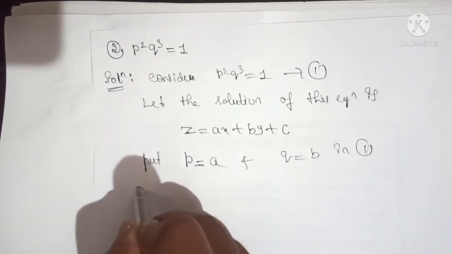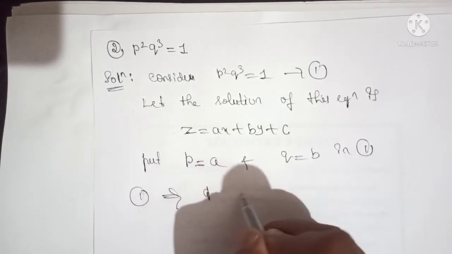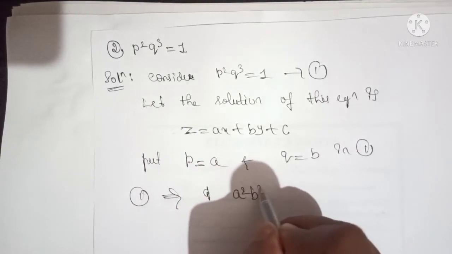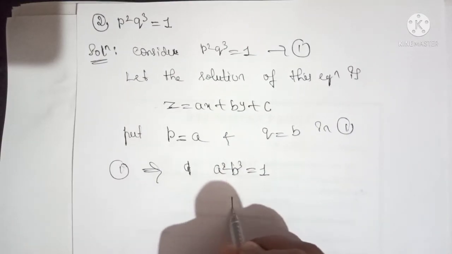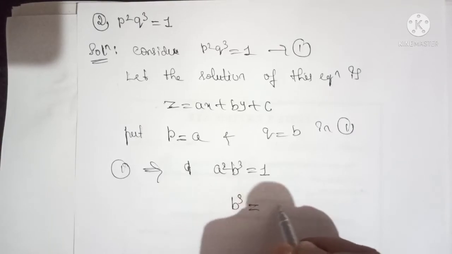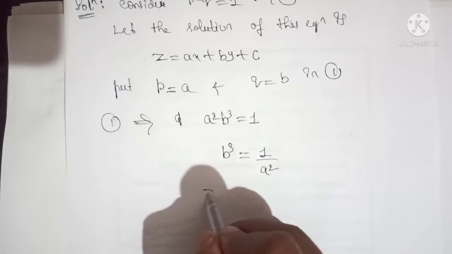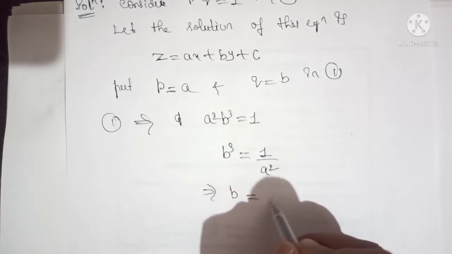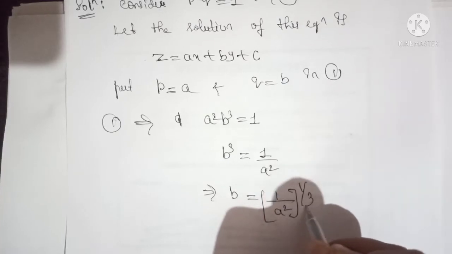So then equation 1 implies that A square B cube equals 1, or B cube is equal to 1 divided by A square, or B value is equal to 1 by A square to the power 1 by 3.